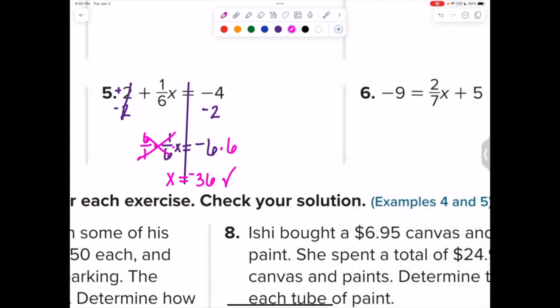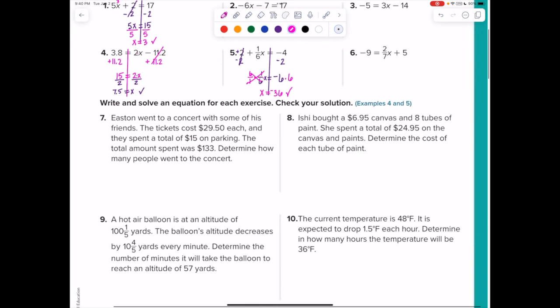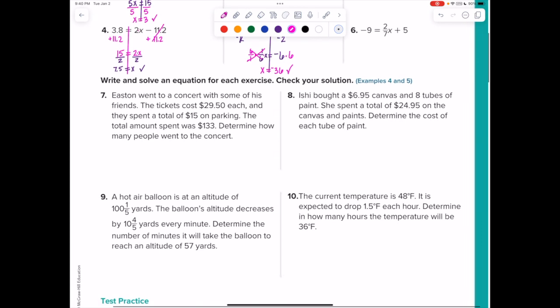We're good. Check. All right, so you have 2, 3, and 6 to do on your own. Use your partner if you need some help with that. All right, let's go ahead and do some of these word problems. Remember, we're looking for those patterns of where is the total and where is the each or per and that kind of thing. I'll do 7 and 8 with you, and then you have 8 and 10 for yourself.